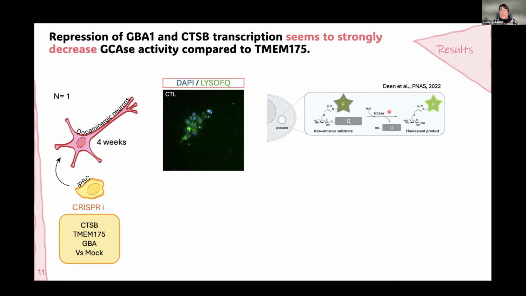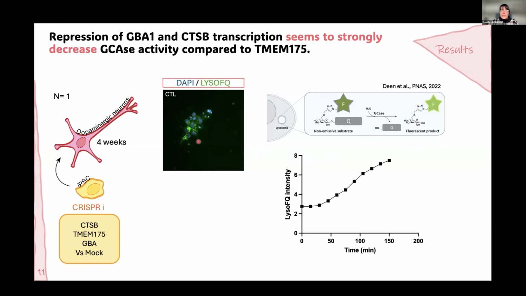When the GCase is active, it will cleave the quencher, which will emit the fluorescence of the product that you can see in the control. So we look at the LISO-FQ intensity. We use CBE to inhibit the GCase, so you see that there is no activation.